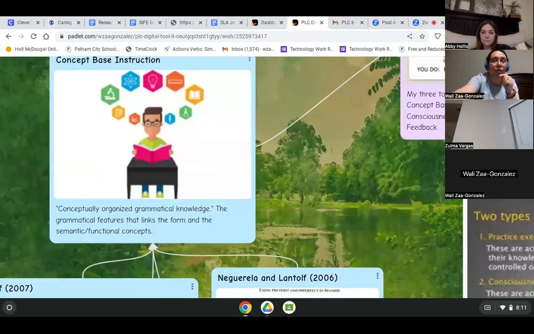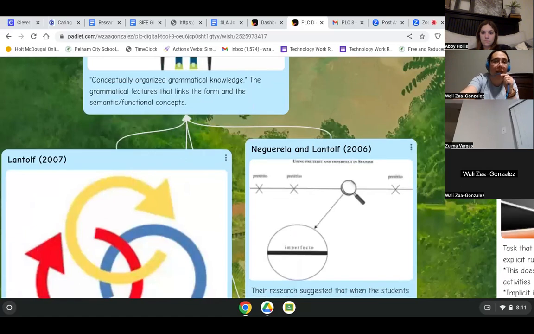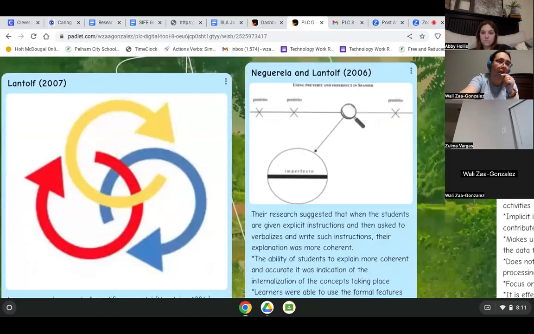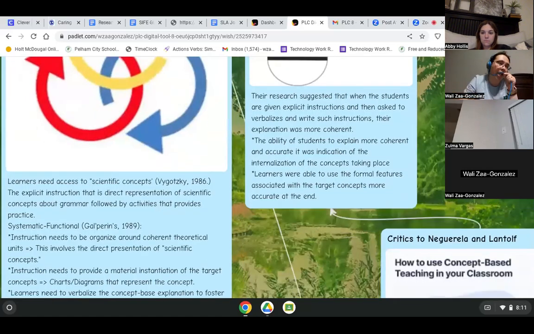They have two main researchers. One was Lantolf in 2007. He argued that learners need access to scientific concepts, and this consists of the direct presentation of scientific concepts about grammar, followed by activities that provide practice.